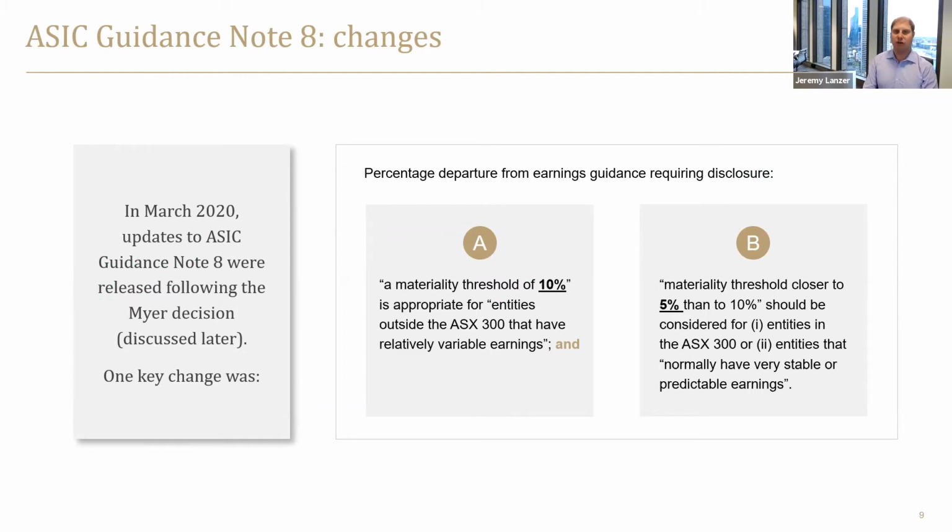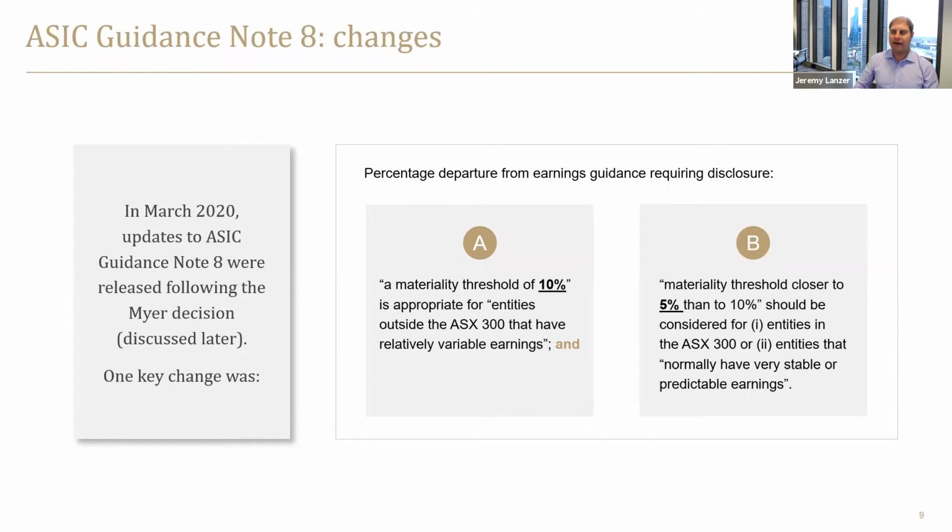Last year, ASIC actually provided some updates, and that was because of a decision that was made around Myer, which we can talk to later on. But essentially what they said was that if you are a large company, ASX 300, or otherwise have really stable earnings, then a smaller movement is likely to surprise the market more.